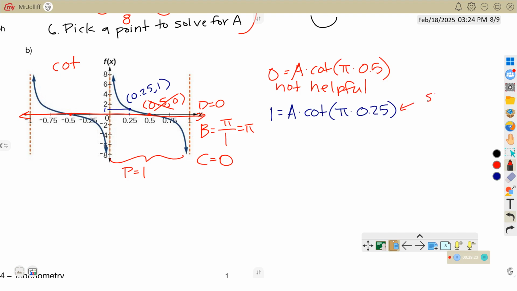No. So this is going to be cosine of 0.25 pi over sine of 0.25 pi. I happen to know what that is, because I know that at pi over 4 sine and cosine are equal to each other. I remember the unit circle. But if you don't remember, what is that when you plug it in your calculator?